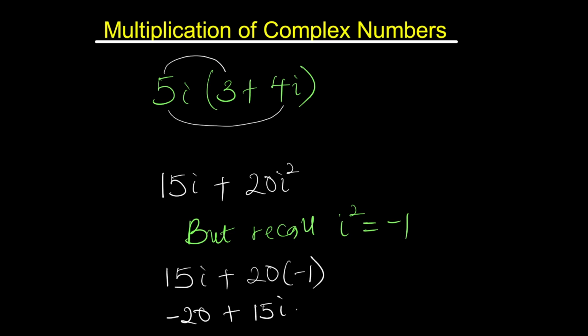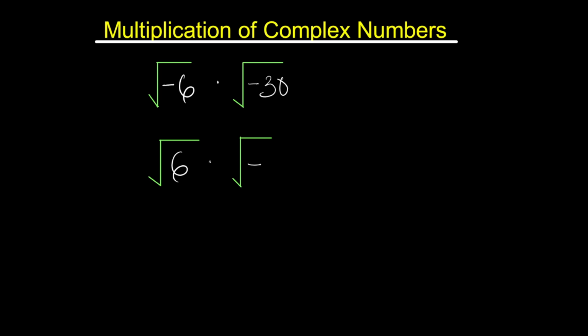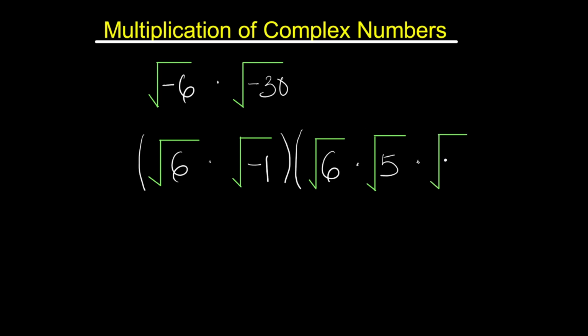That is our answer. What is the square root of negative 6 multiplied with the square root of negative 30? This can be written as root of 6 times root of negative 1 multiplied with square root of 6 times square root of 5 multiplied with square root of negative 1. But i is equal to square root of minus 1, so we are going to apply that.